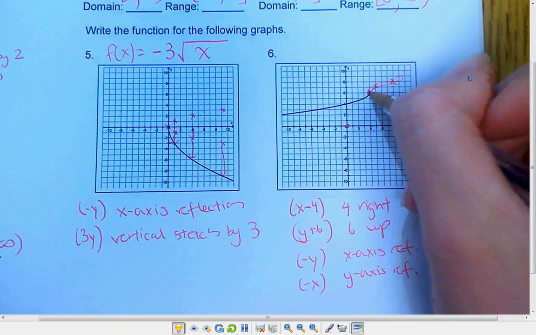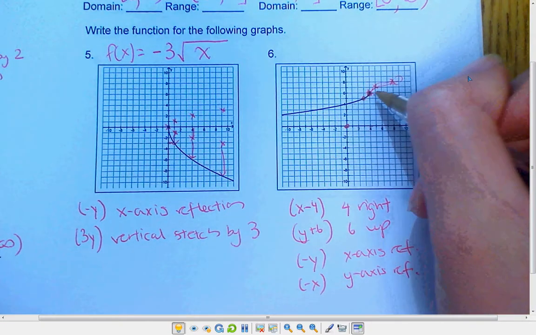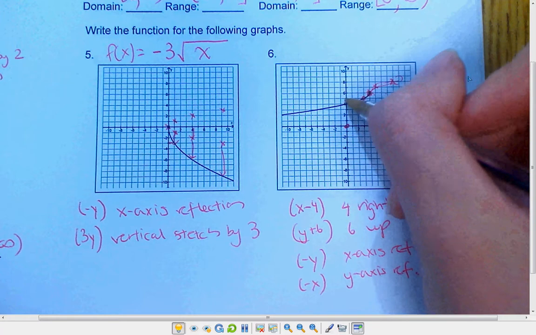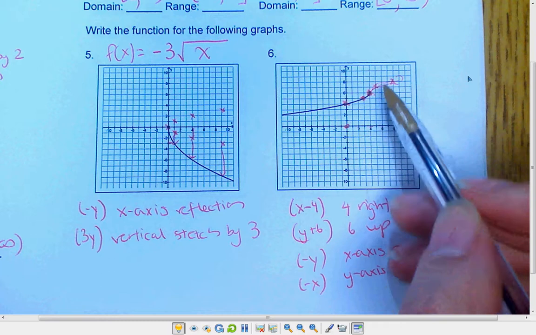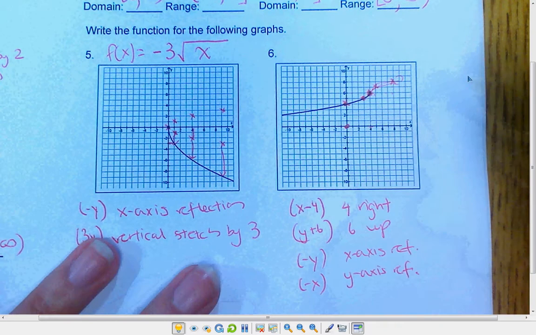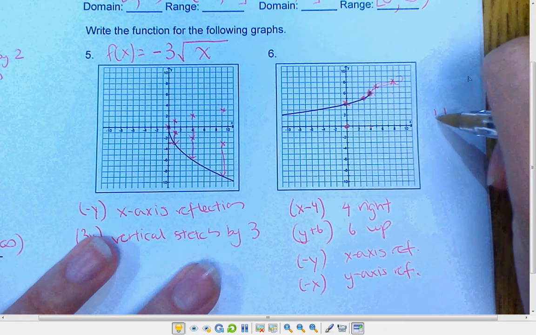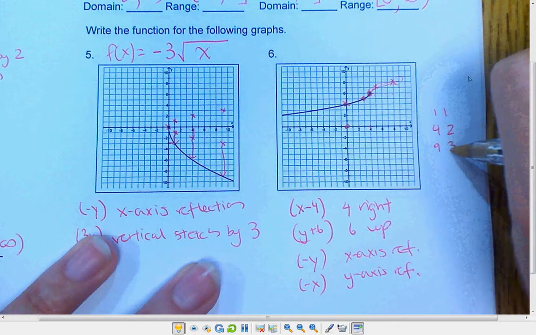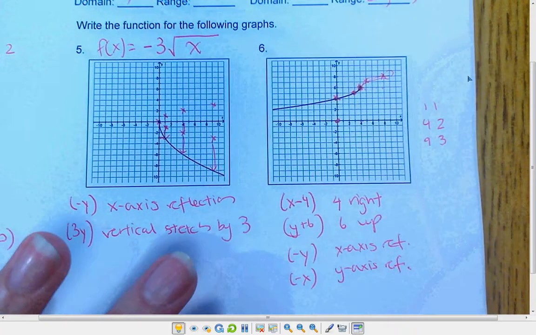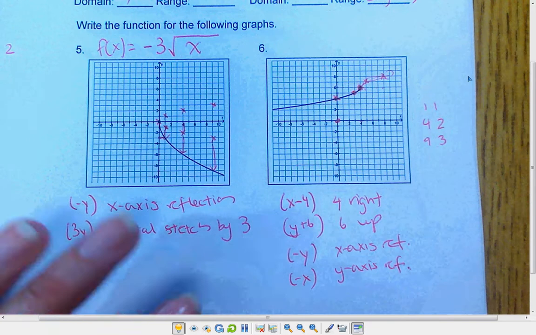But if you notice over here it goes (1, 1), (4, 2). It still is in the same stretch. I mean, it's the same numbers, so (1, 1), (4, 2), (9, 3). So it hasn't been multiplied by anything, so there's no stretch. It's just been reflected.